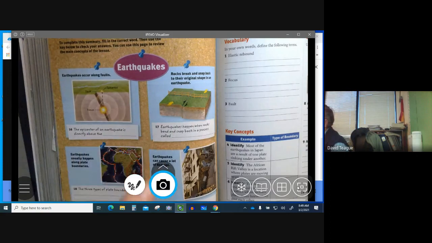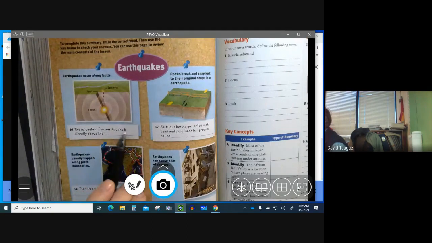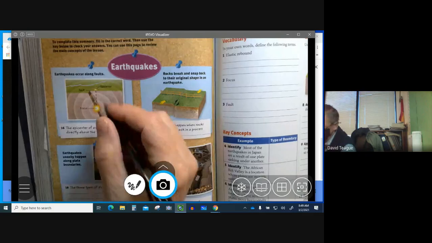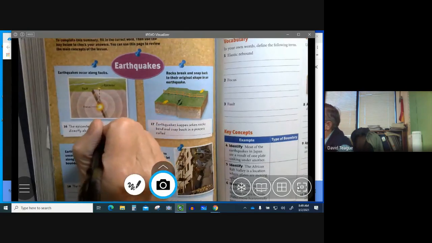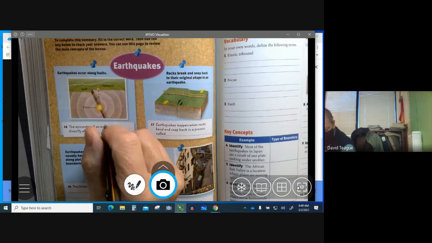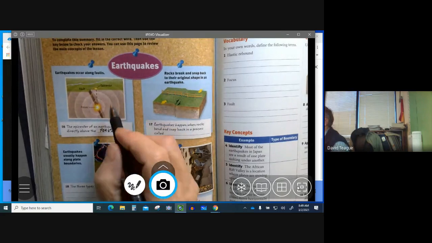Okay, visual summary. Earthquakes occur along faults. The epicenter of an earthquake is directly above the focus. If we look at our picture, this is where the focus is, F-O-C-U-S.